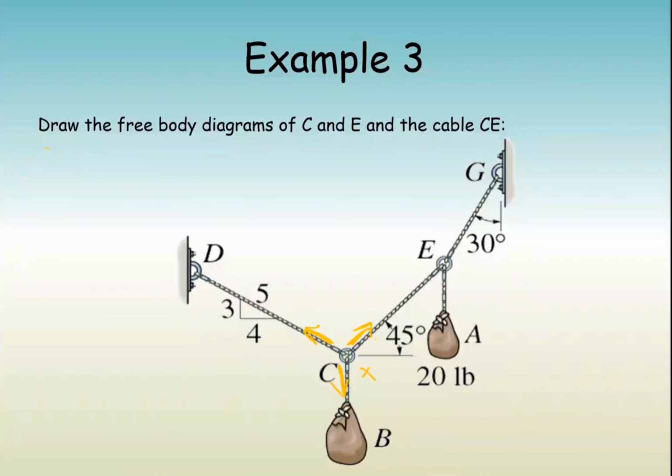Let me look at the other point. Let me look at E. At E, I've got three forces. I've got this force acting here, this force acting here, and another force acting downward. So how many unknowns have I got here? I've got two unknowns, this one and this one. But I've got one known because that's given here.